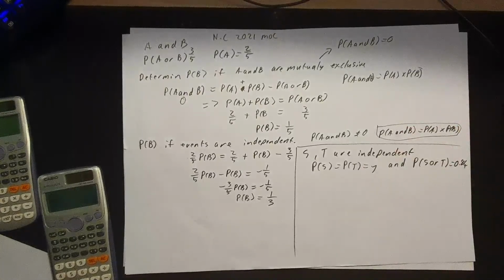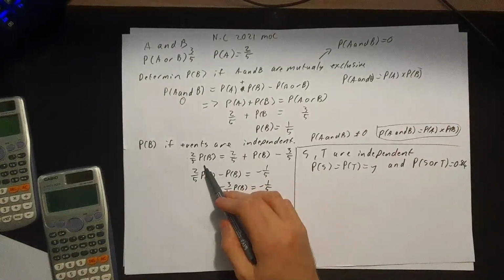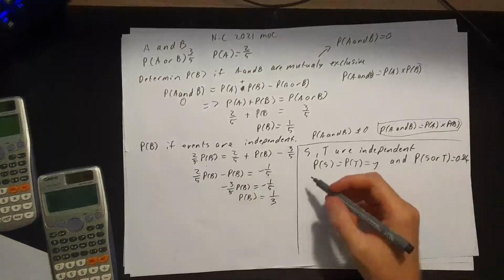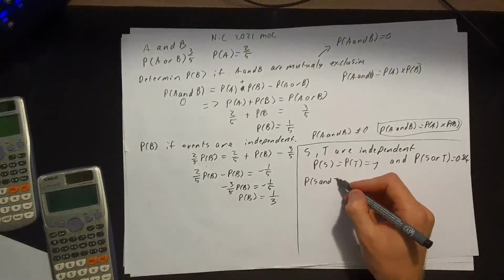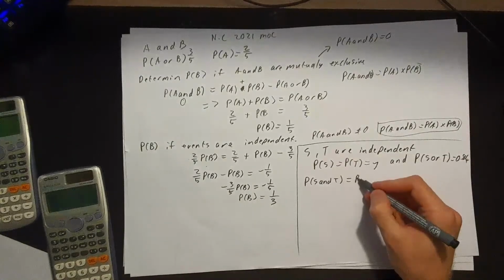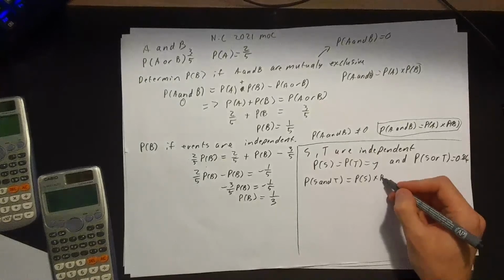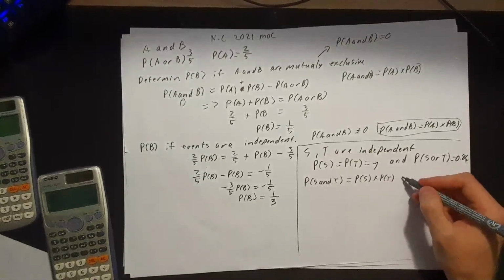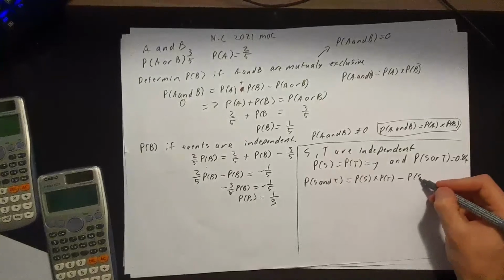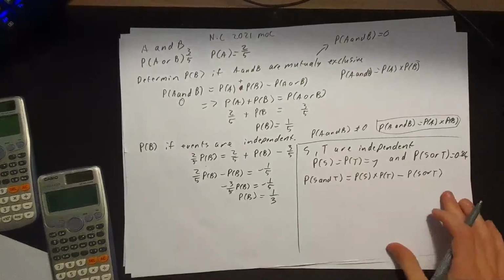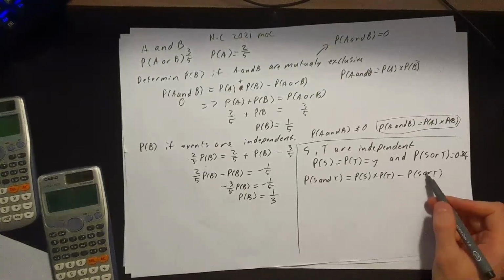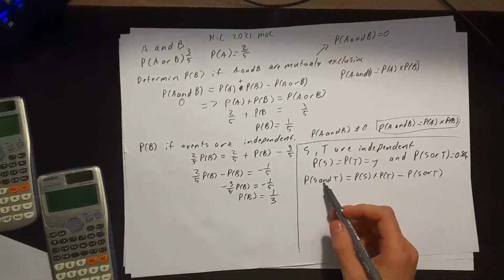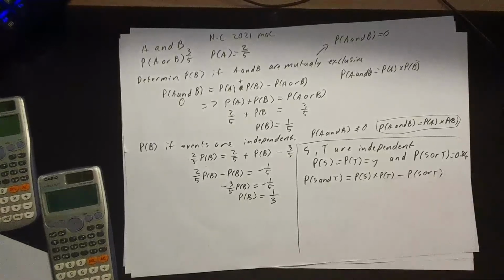We're pretty much using the same setup as in the previous question, except now we're just solving for Y. So the probability of S and T equals the probability of S multiplied by the probability of T, and then minus the probability of S or T. Aha. Okay, so we've got an equation, because we know that that's Y, that's 0.84, and this is just going to become Y squared as well.